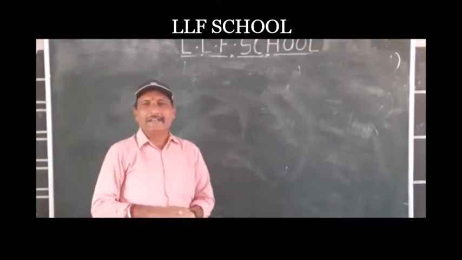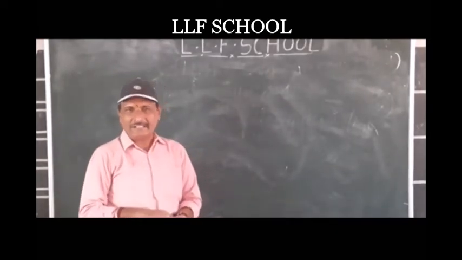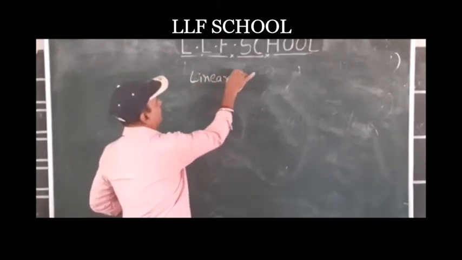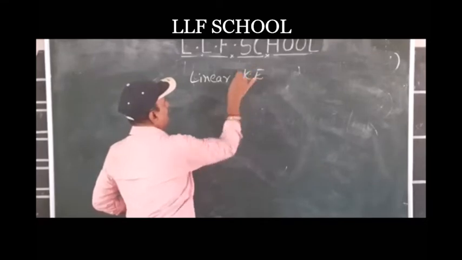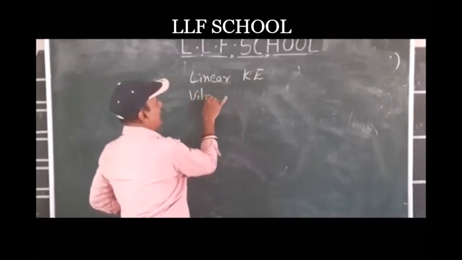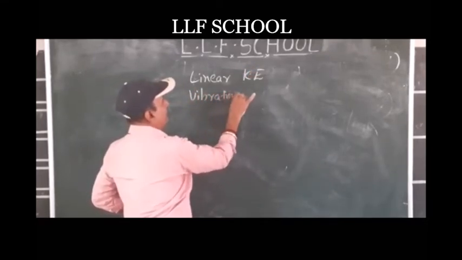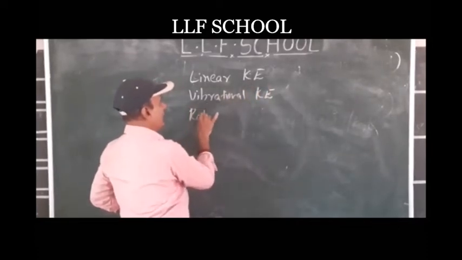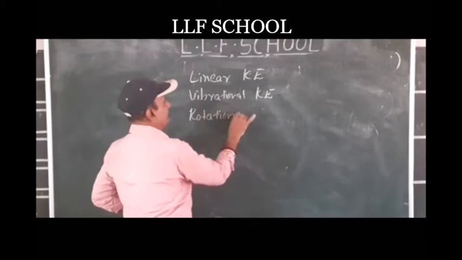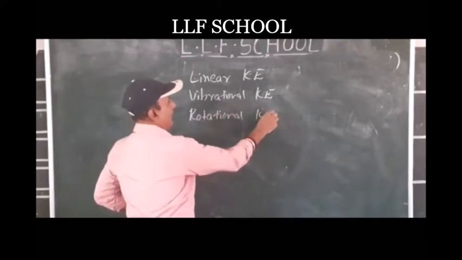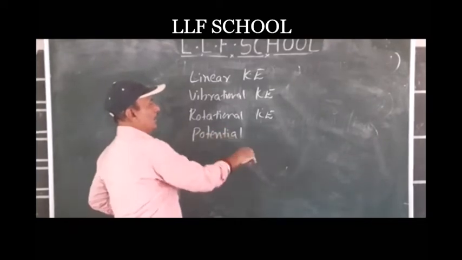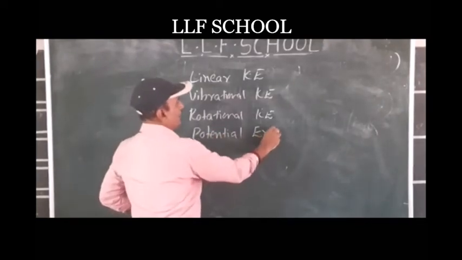Every molecule contains 4 types of energies: linear kinetic energy, vibrational kinetic energy, rotational kinetic energy, and potential energy. These are the 4 energies stored in the molecules.